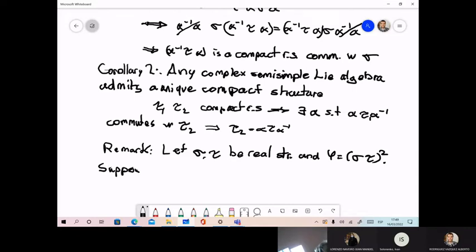Suppose that we have an automorphism psi such that it commutes with sigma and tau.